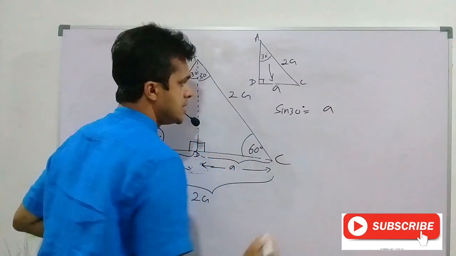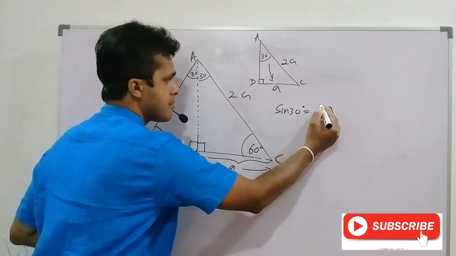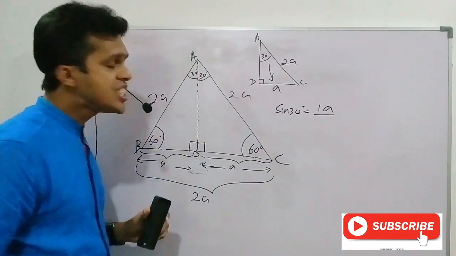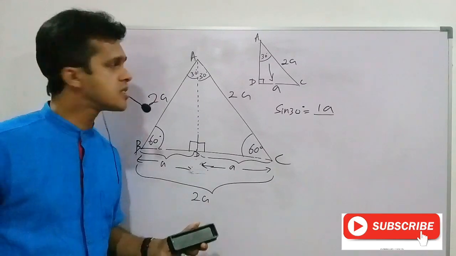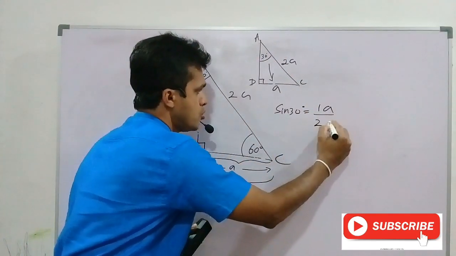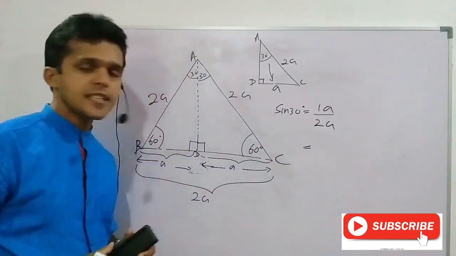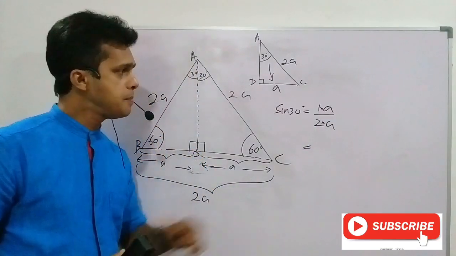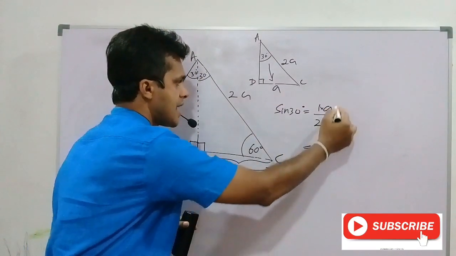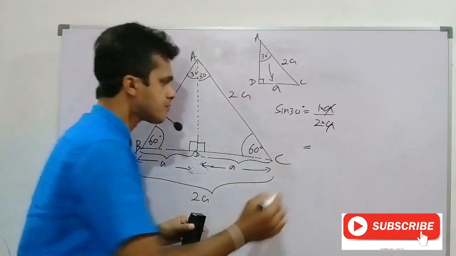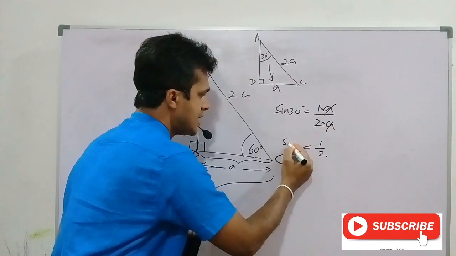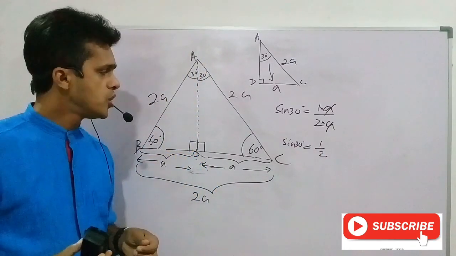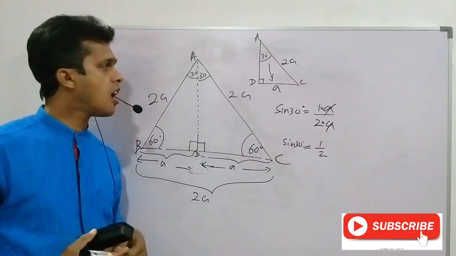So DC equals a, a means 1a. H is the hypotenuse, AC equals 2a. Now you can simplify the terms a and a. So sine 30 is half. All sine 30 equals half.